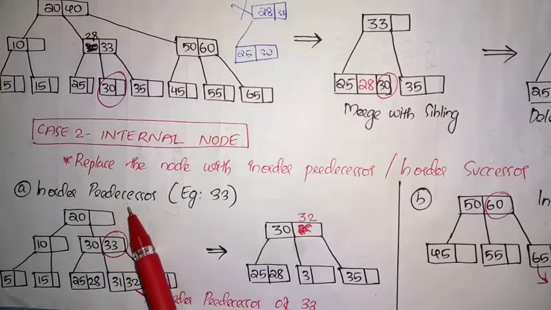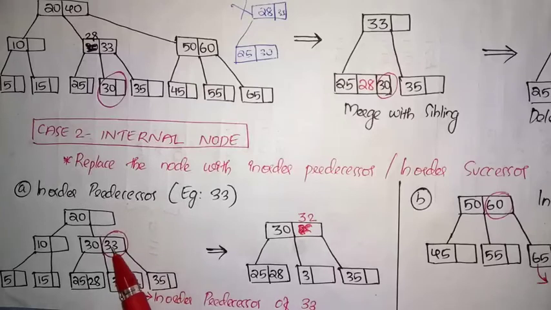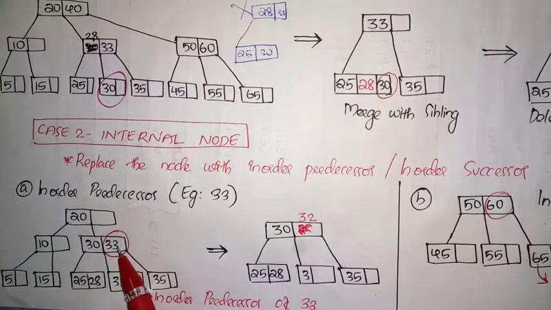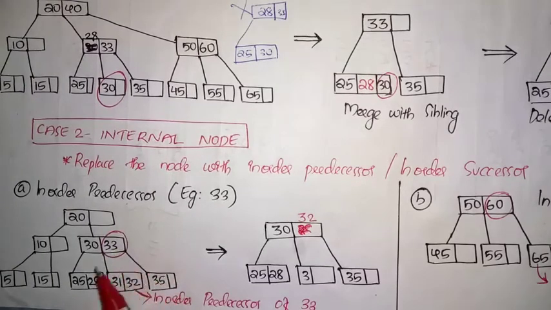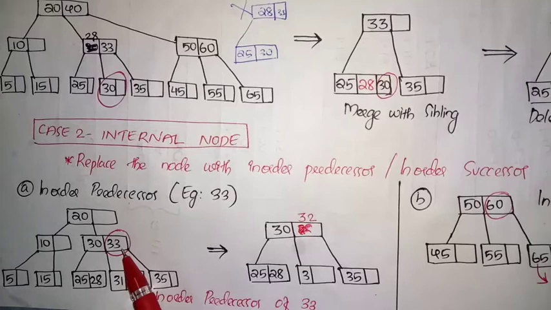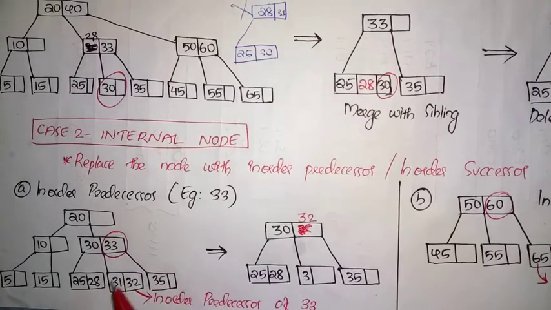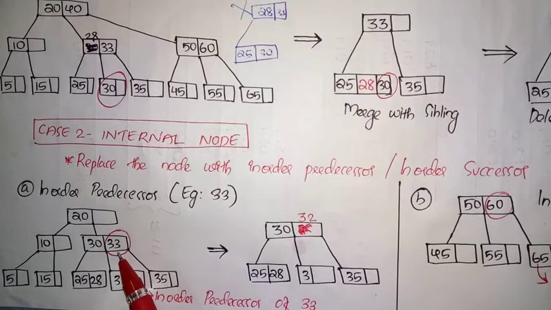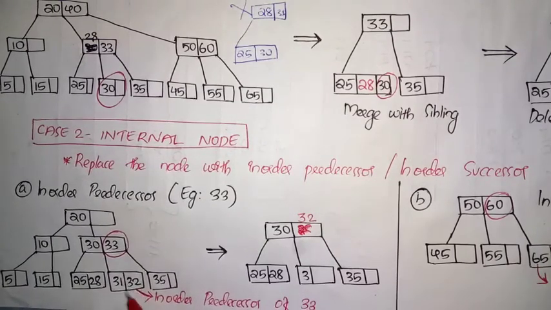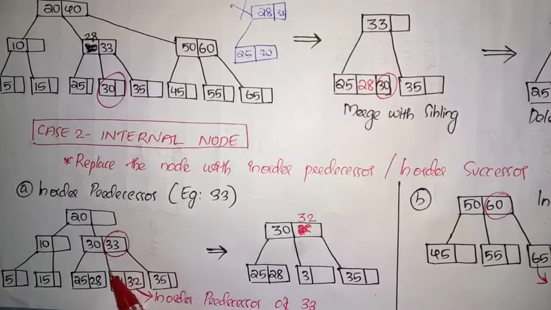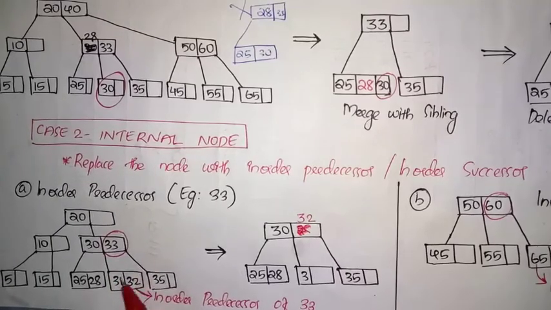First, let's take an example wherein I am going to delete this 33 by replacing it with its in-order predecessor. Next question is how we can find the in-order predecessor of this particular key 33. The in-order predecessor is the largest element in the left child of this particular node.